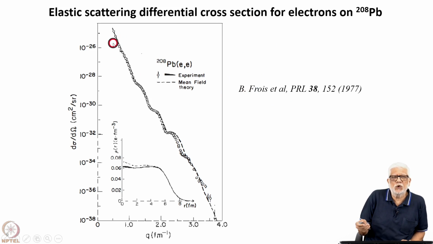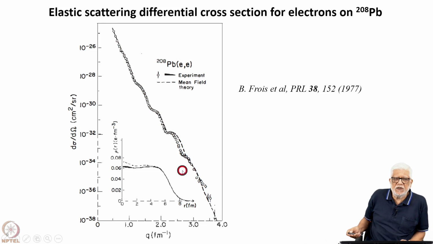By the way, you can notice that this cross section goes from about 10 to the minus 25 centimeters squared per steradian to as low as 10 to the minus 38. So, this is like 13 orders of magnitude. This is really a fantastic experiment where you have measured the elastic scattering differential cross section d sigma by d omega over 13 orders of magnitude, and you see of course peaks and valleys in a smoothly falling cross section.